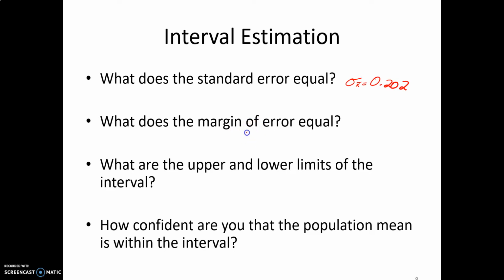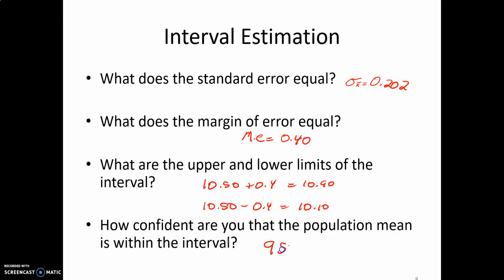The margin of error, when we multiply the standard error by Z, the margin of error was 0.4 approximately. The upper limit, 10.5 plus 0.4, 10.9, $10.90. The lower limit, 10.5 minus 0.4, $10.10. How confident are we?